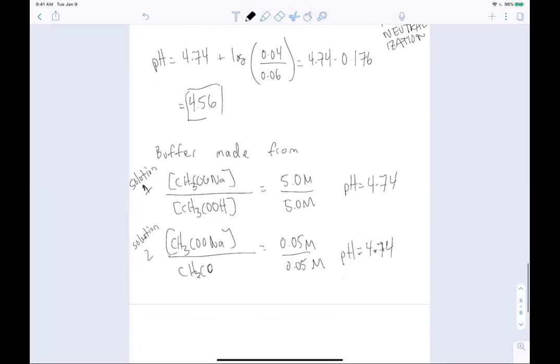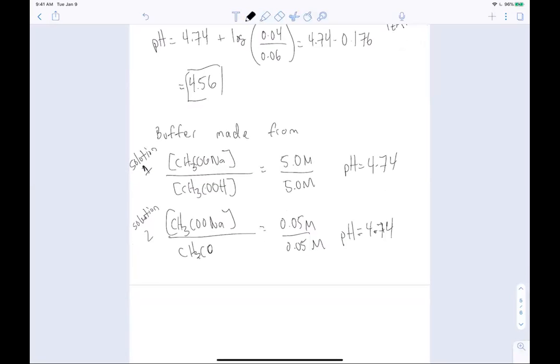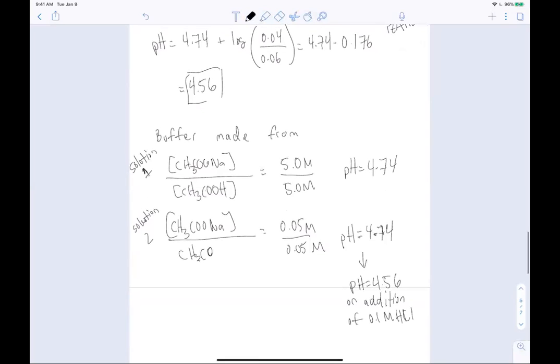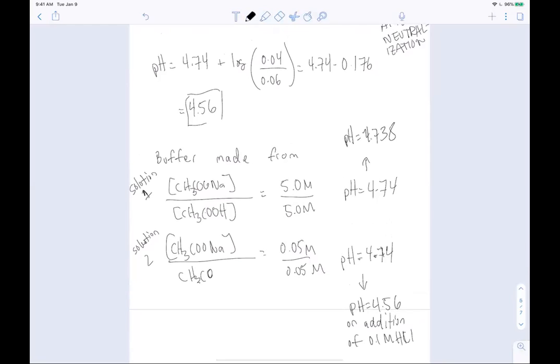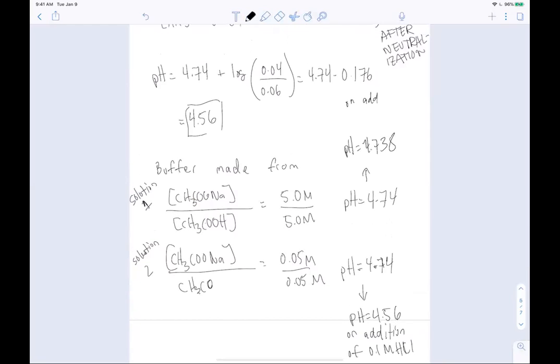But what we see is that if we add 0.01 molar acid to it, this pH goes from 4.74 to a pH of 4.56 on addition of 0.01 molar HCl, whereas this one just goes to a pH equal to 4.7, I think it's like 4.738, on addition of 0.01 molar HCl.